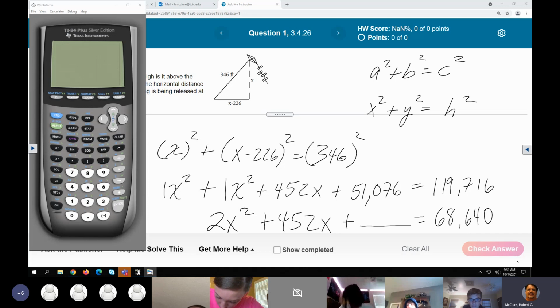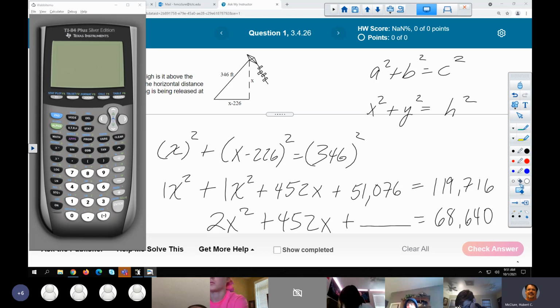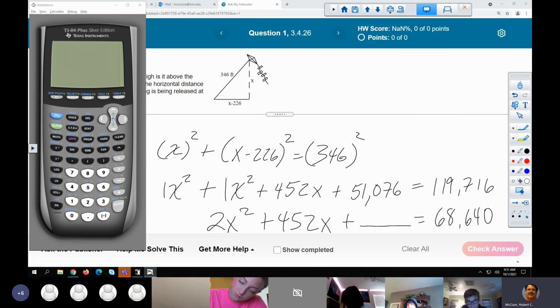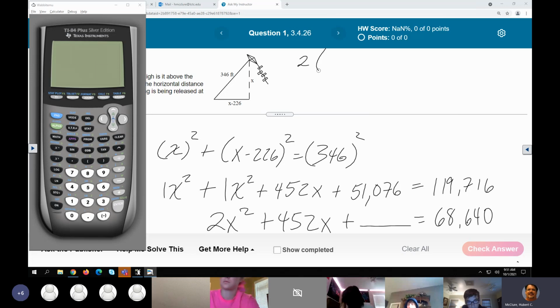Now you've got the equation for completing the square. I'm gonna go up here and finish it. And we factor out a 2.